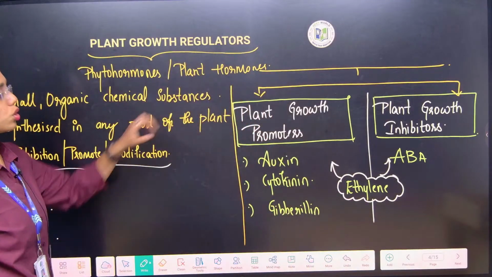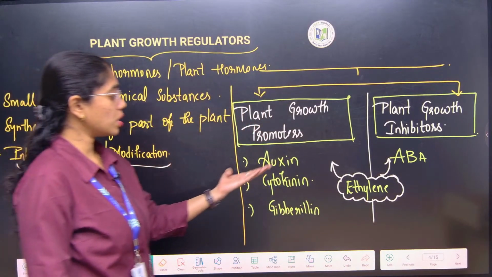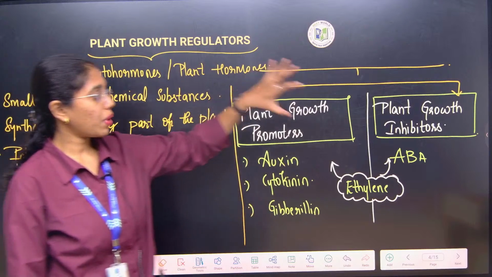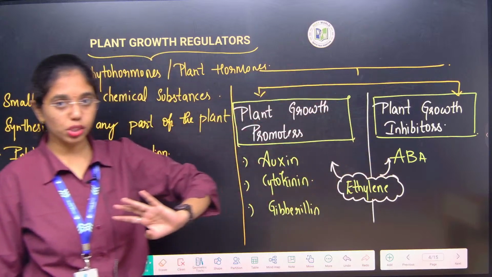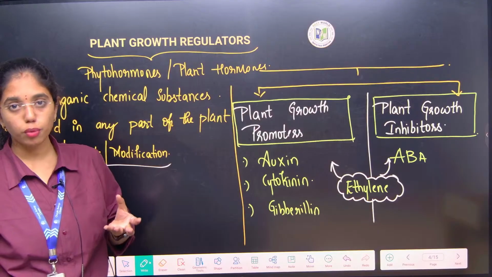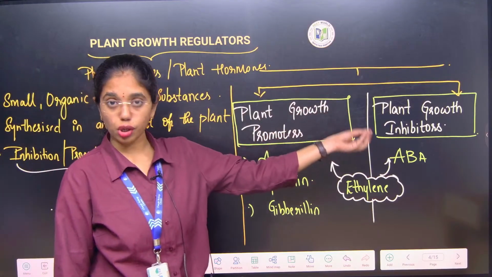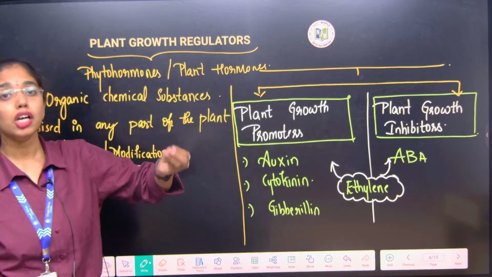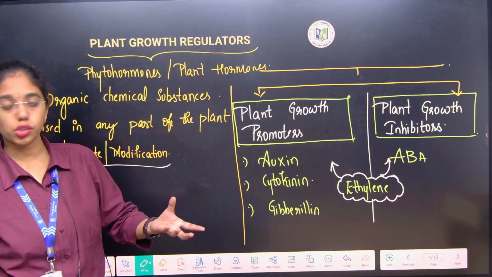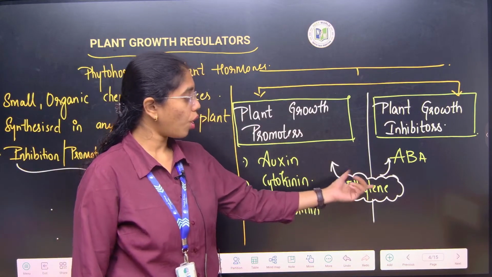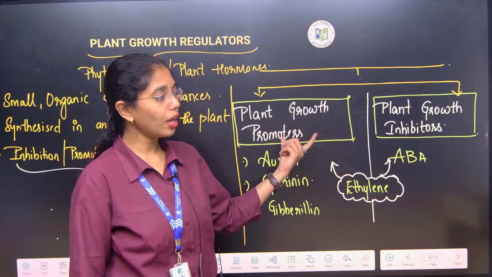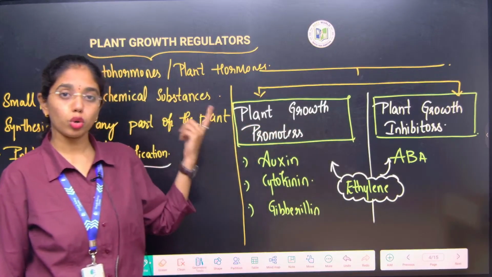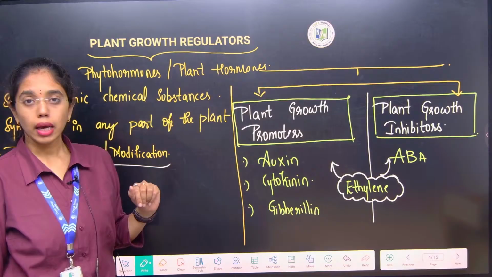Clear with this? So, plant growth promoters include auxins, cytokinin and gibberellins. Plant growth inhibitor includes abscisic acid, which is also known as stress hormone, because it will be released or secreted when the plant is in stress, be it heat stress, water stress. And ethylene is the hormone which performs dual function both as plant growth promoter and as plant growth inhibitor.